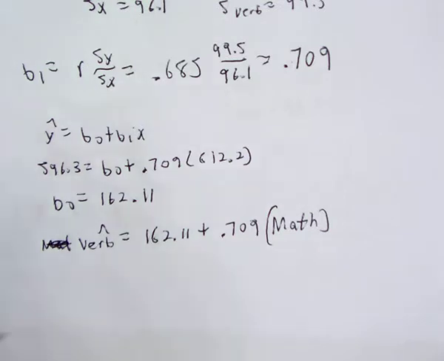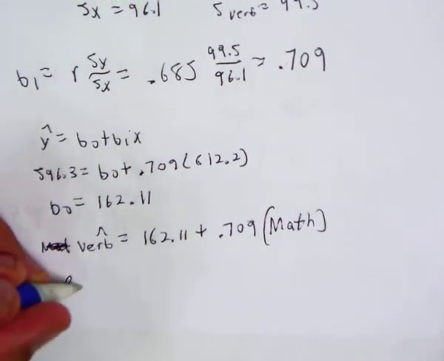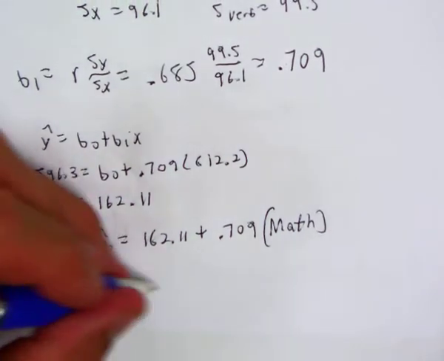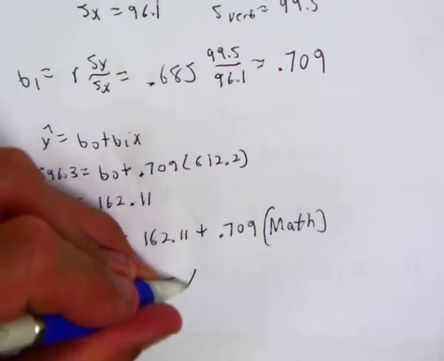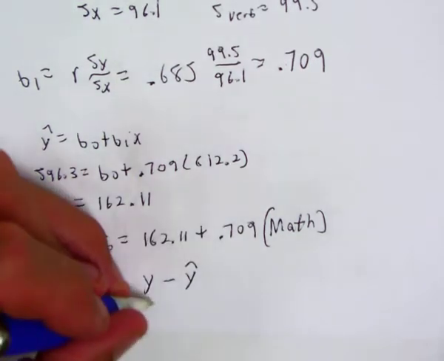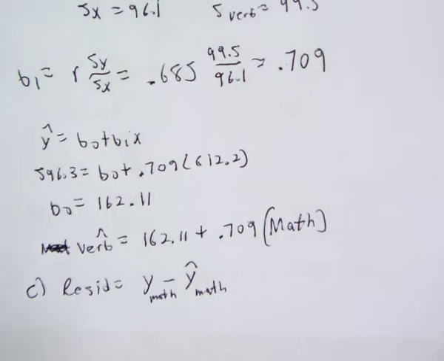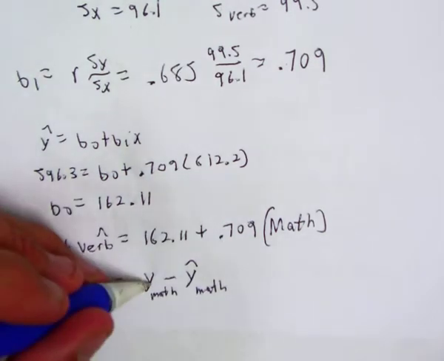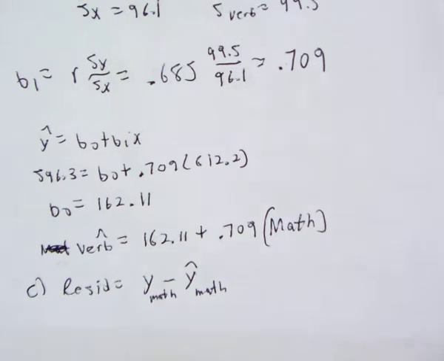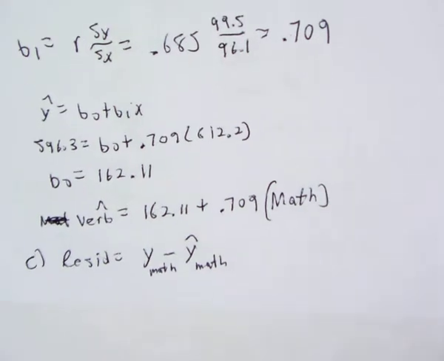Okay, well, residual equals actual minus predicted. And in this case, we're talking about math scores. So what does that mean? It means that the actual was better than predicted. So that means that the student did better than expected. That's what a positive residual means.